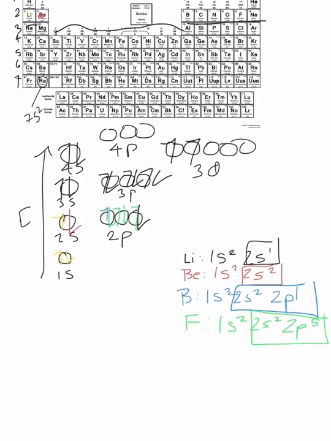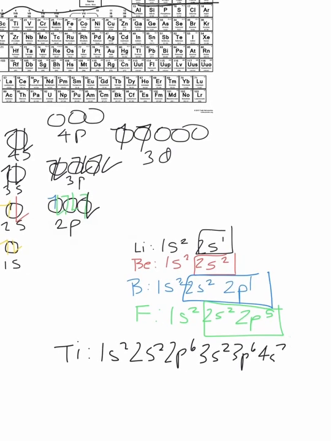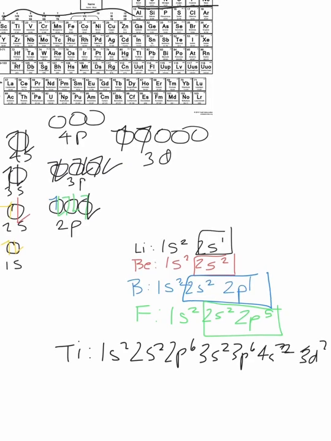If we were to write out the full configuration for titanium, we would do 1s2, 2s2, 2p6, 3s2, 3p6, 4s2, 3d2.